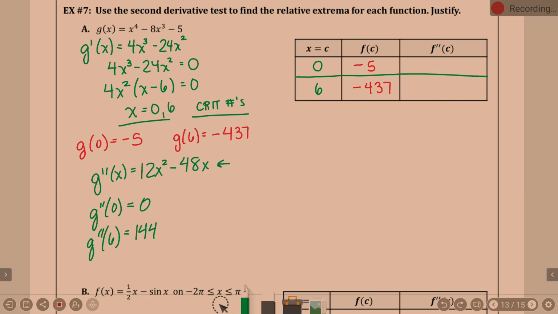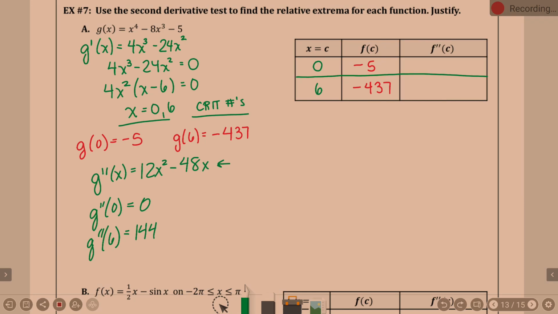Maybe I have it wrong in my notes. Because when you do it like that, it gives you 144. Oh, it's because I took my answer minus here. Okay, it's 144.